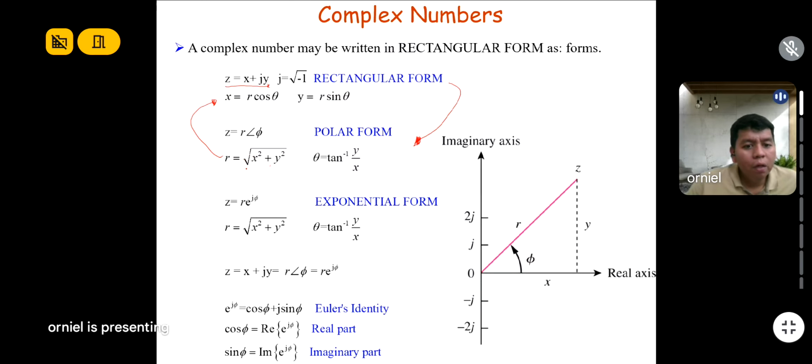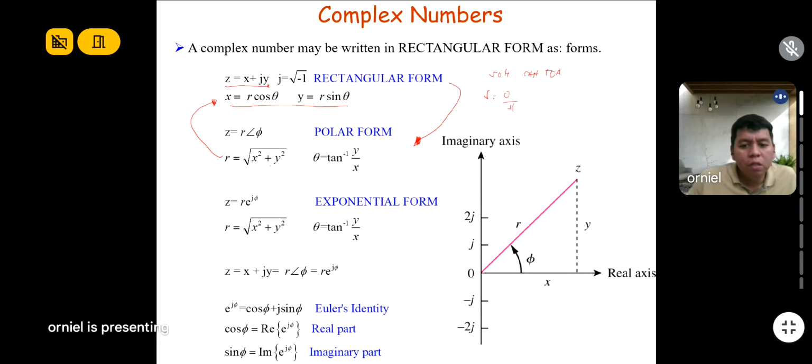From polar form, we convert it into rectangular form. The conversion is x equals r cosine theta. Sine is opposite over hypotenuse.